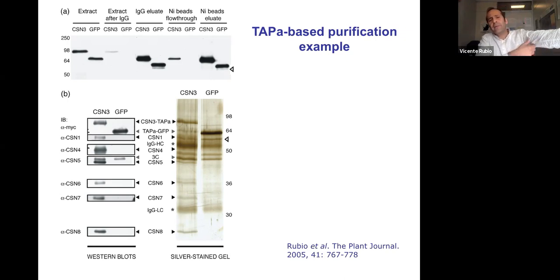So this was still challenging, because to send this protein for mass spectrometry, you were requested to send something that was visible by Coomassie staining. So we are talking about micrograms of protein. This was a nightmare to identify proteins using that system from Arabidopsis. You usually had to use about 50 grams of material to get one of these gels. You can imagine to get it in Coomassie, maybe 10 times more.